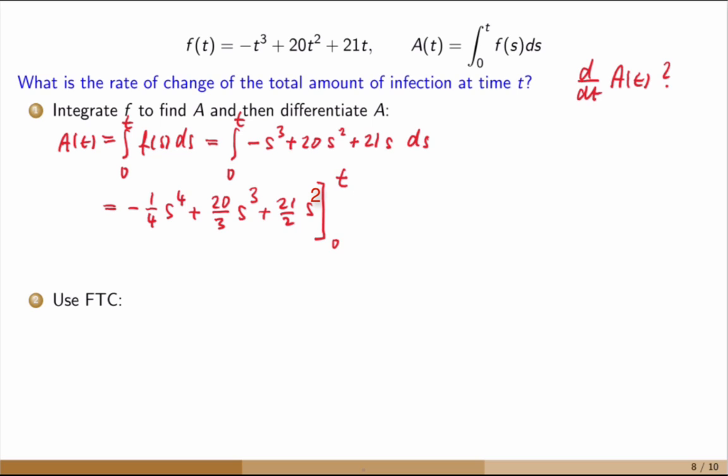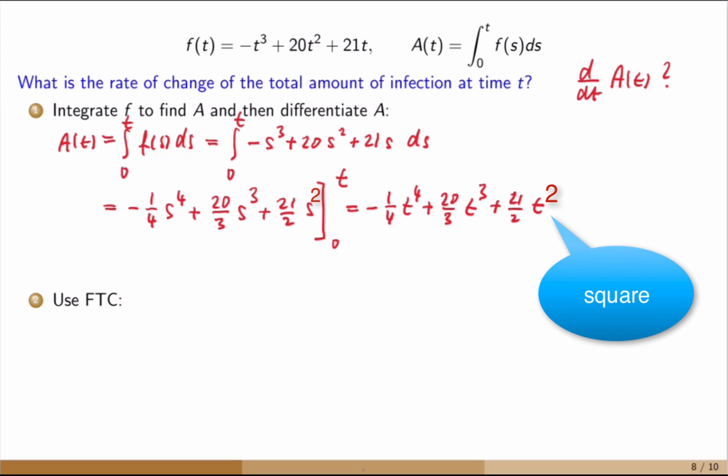And remember, in this notation you do not need to add a constant because we have a definite integral and we give integral boundaries from 0 to t. So we sub in the integral boundaries. We have minus 1 quarter t to the 4 plus 20 third t to the 3 plus 21 half t squared. And then if I sub in 0, I get 0. So this is my function a of t.